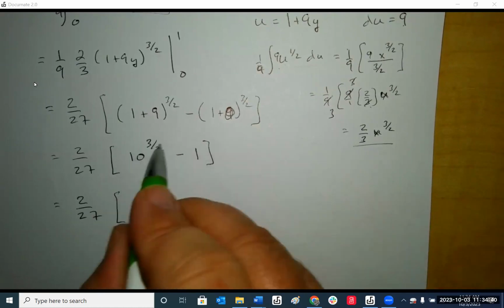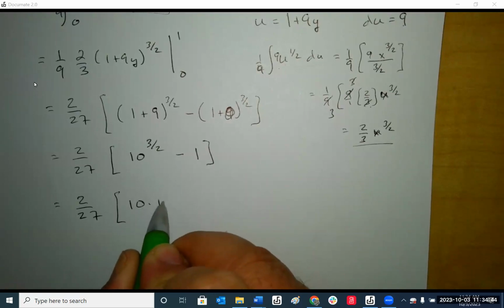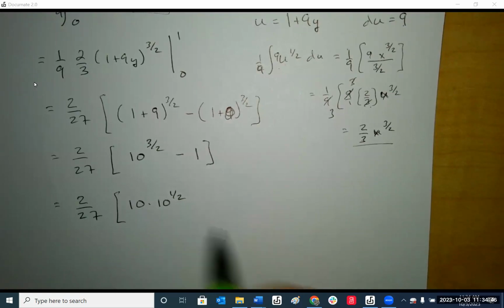The 10 to the 3/2 is 10 times 10 to the 1/2.